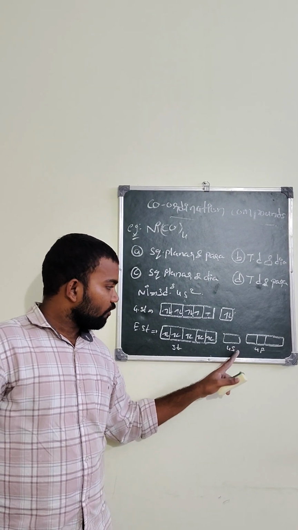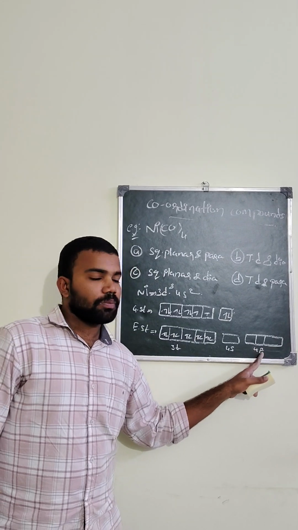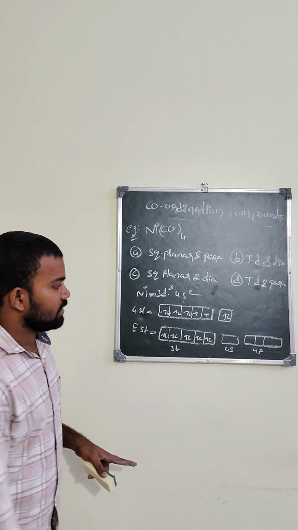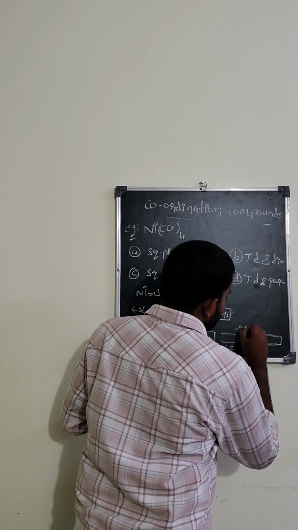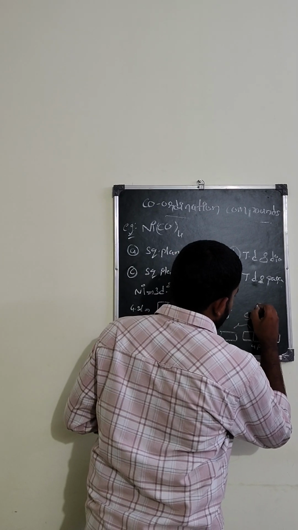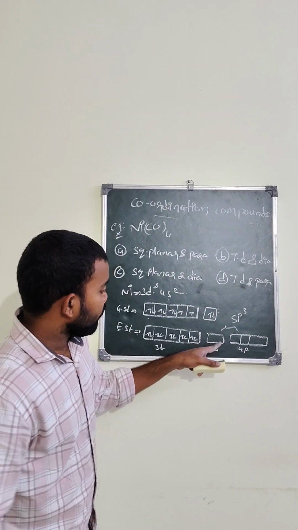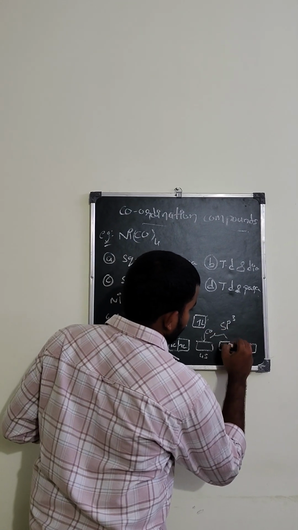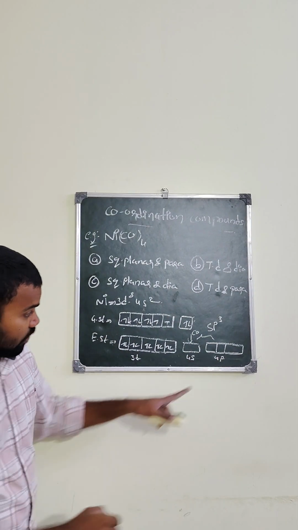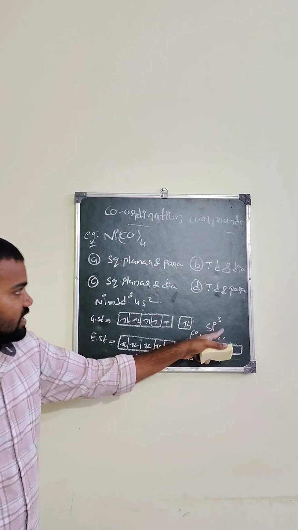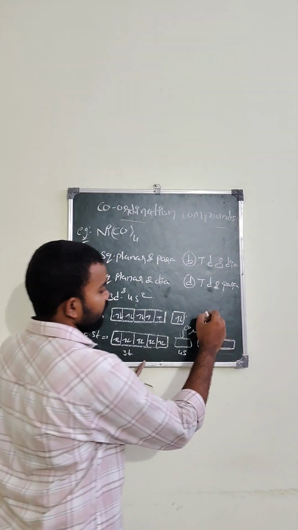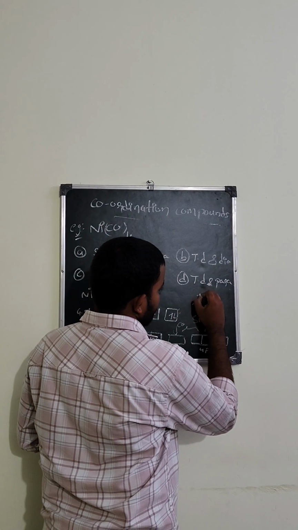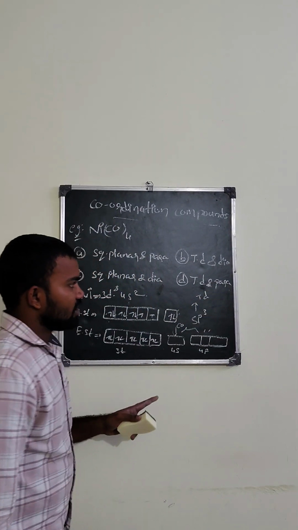This 1 4s orbital and 3 4p orbitals become hybridized to form sp3 hybridization. It means 4 ligands donate their pair of electrons to these orbitals, and it becomes sp3 hybridization. If it is sp3 hybridization, it becomes tetrahedral geometry.